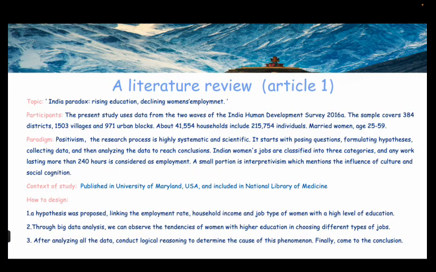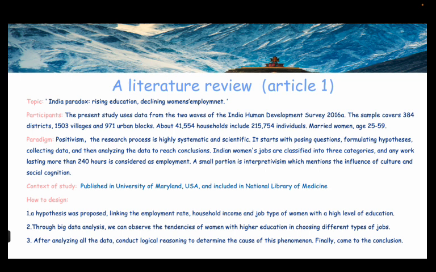So this is a literature review about Article 1, and the topic of Article 1 is India's paradox: rising education, declining women's employment. There are many participants in Article 1.